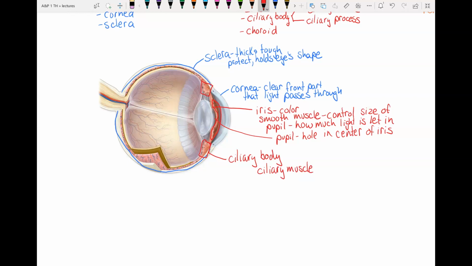controls the lens. So we had a couple of parts that we listed under other. This is the lens right here. And these little strings here that you see are ciliary or suspensory ligaments. So the ciliary muscle is what connects to the lens by those ligaments.